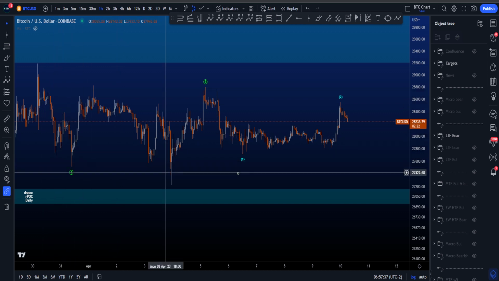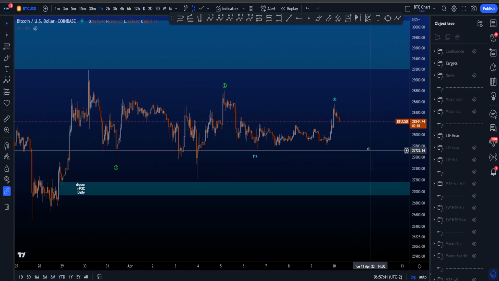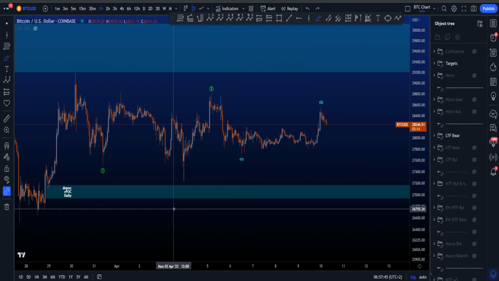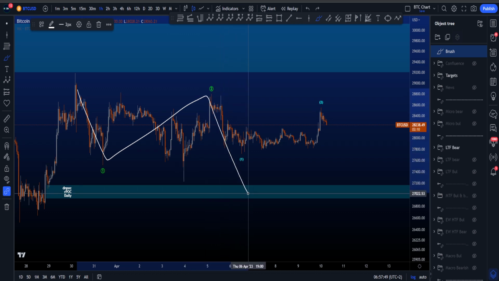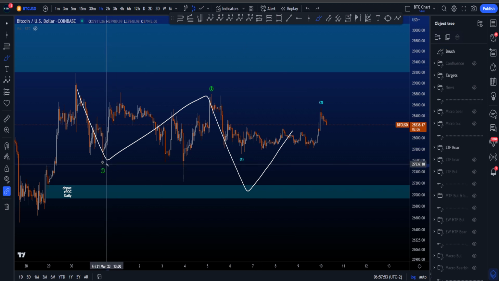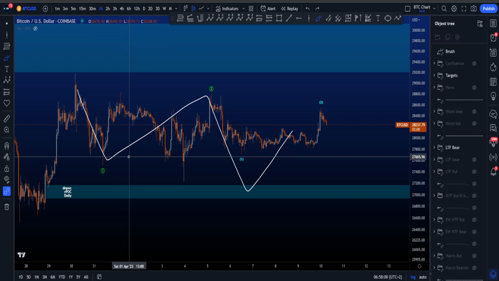Yeah, so in this scenario we do still count this then as a 1-2-1-2. If it is a 1-2-1-2, I usually like to see the second wave 1, so I like to see this 1, 2, and then a 1, 2. I like this wave 1 to take the low of this wave 1. That is usually something that I am looking for, and also quite common.